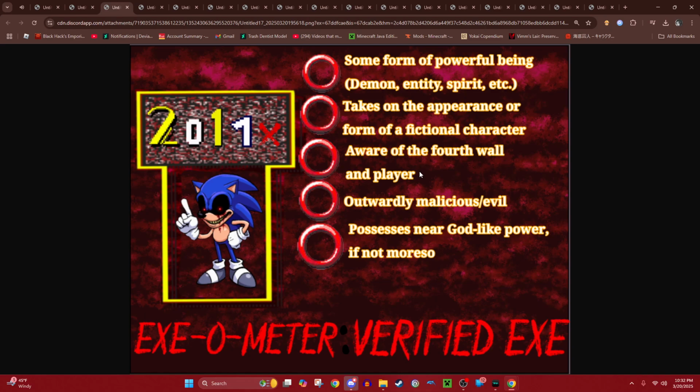Now, you don't need to have any of these to make a character into an EXE. Hell, if you have an EXE that doesn't have any of these, that's good. You're doing something different, and I encourage it. I encourage you to take a creative approach, a different approach, something fresh.